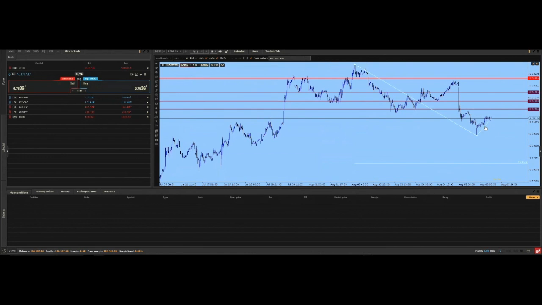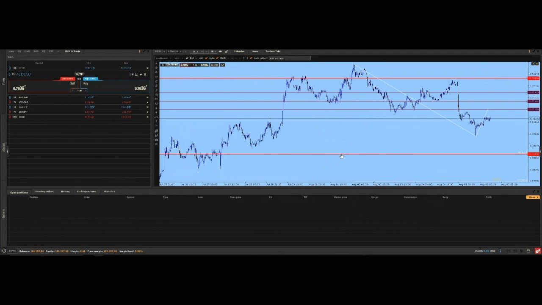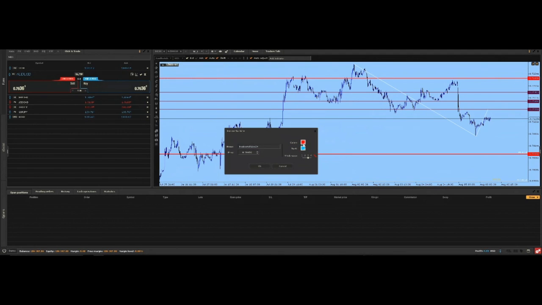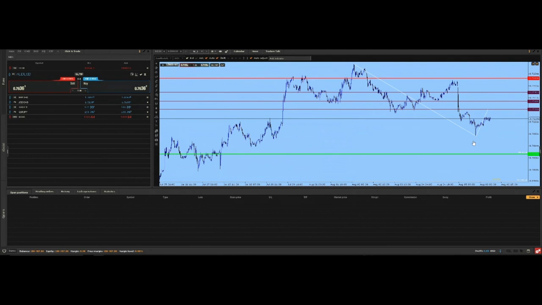So what we'll do here is set up a take profit for each of these positions. If this price retraces to this zone, I'm going to set my take profit right here, and I'll make this green to signify a take profit. All right, so that's zone number 1.